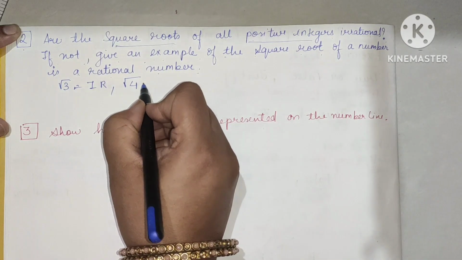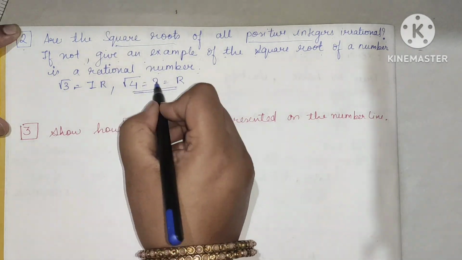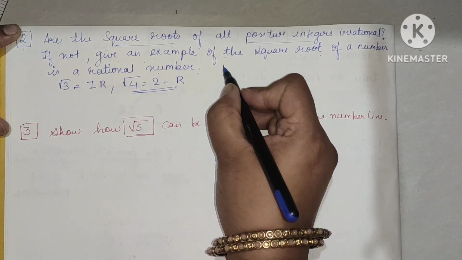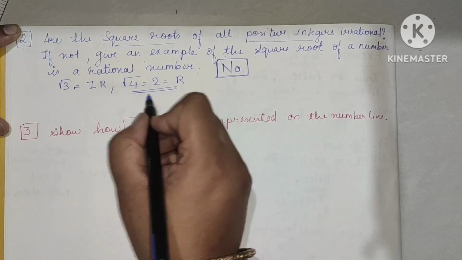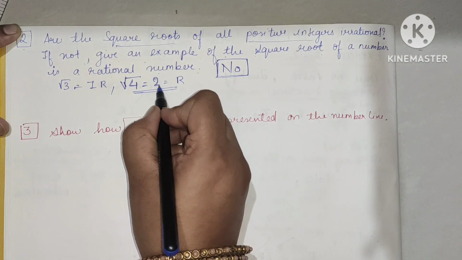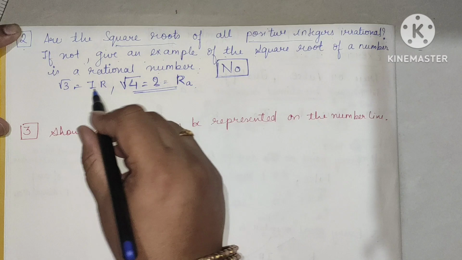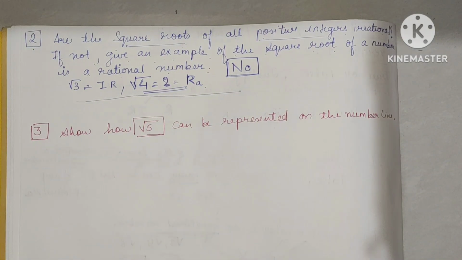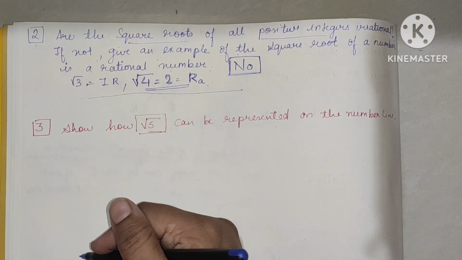Square root of 4: yes, it is rational. So the answer will be no. Why? Because square root of 4 is 2, which is rational. So always give an example for such questions.